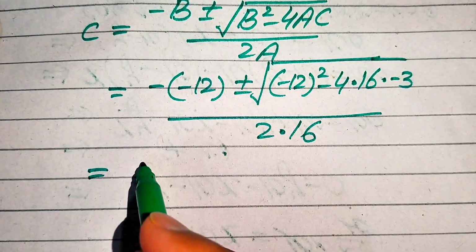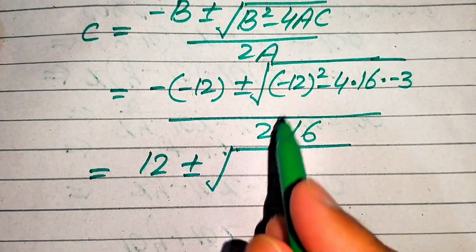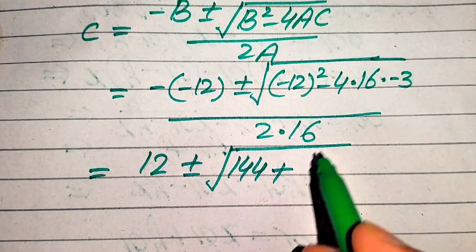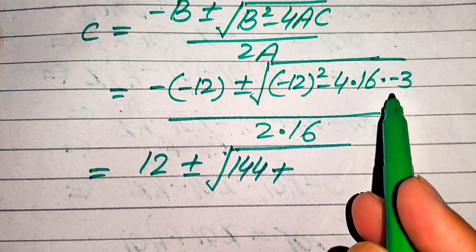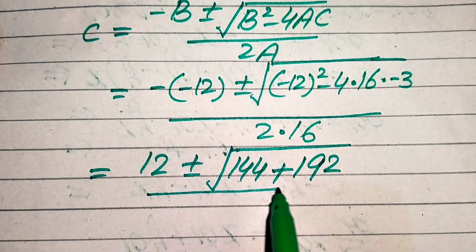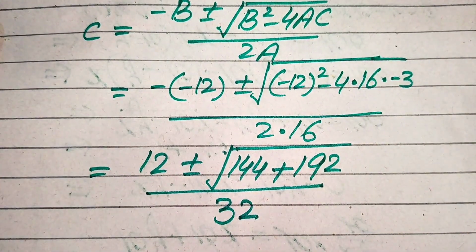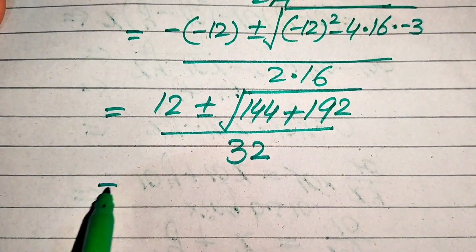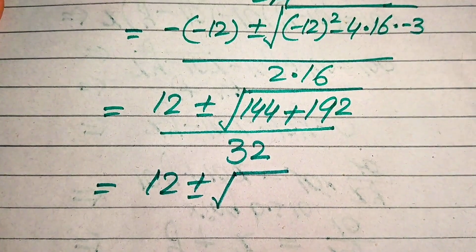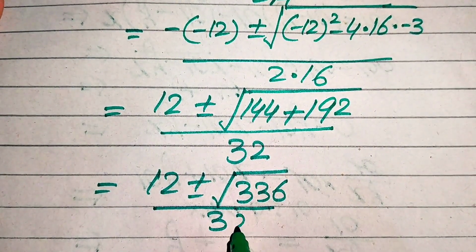So we have minus times minus becomes plus 12, and plus minus square root of minus 12 squared equals 144, and this is minus times minus becomes plus, and 4 times 16 times 3 is equal to 192, and it is divided by 2 times 16, which is equal to 32. And now in the next step, when we add these two terms, it will be written as 12 plus minus square root of 336, and it is divided by 32.